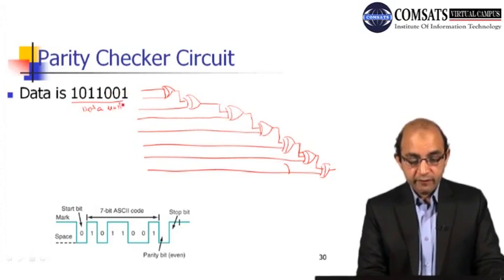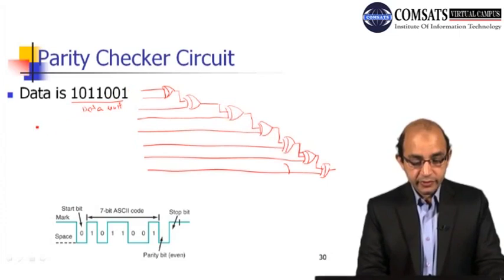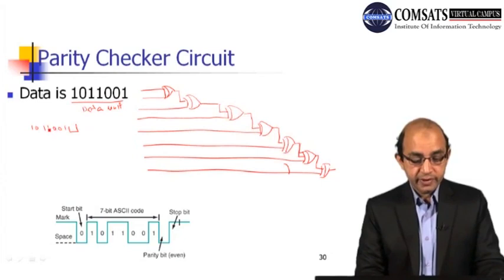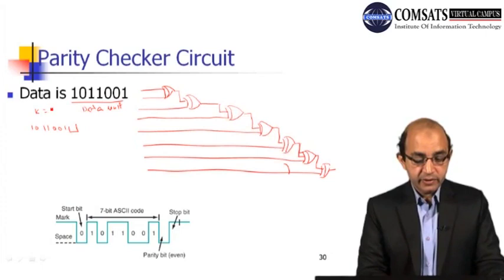And after adding a 1-bit parity over here, so 1 0 1 1 0 0 1, I have the parity bit slot over here. So this becomes 1 2 3 4 5 6 7 8. So here, k is equal to 7 and n will be k plus 1, that is 8.